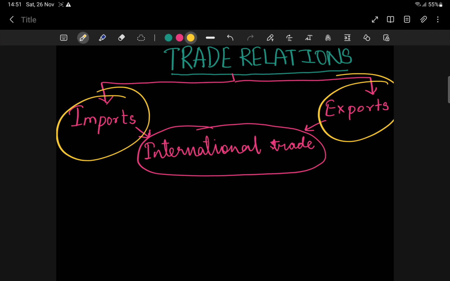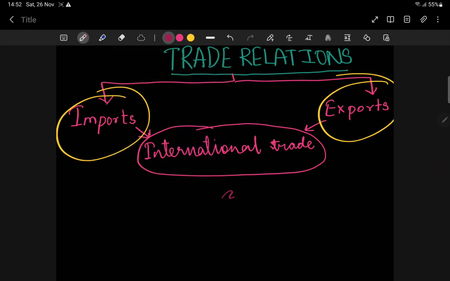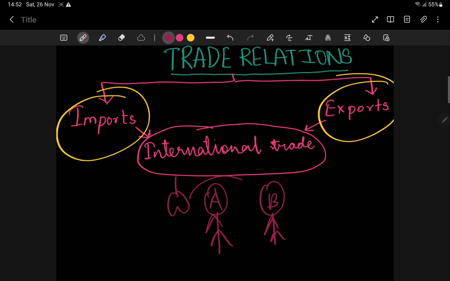Let us see in detail. Let us take the same example, children. So if you take this person A and this person B, he is giving an apple, he is giving a mango, right?